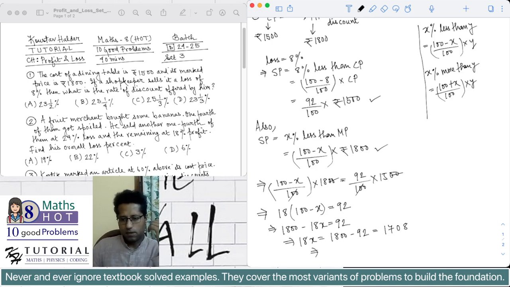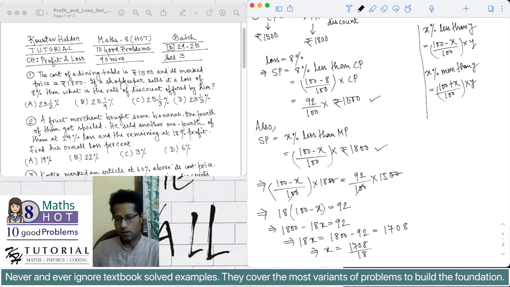This implies x is equal to 1708 divided by 18. Let's see, will it divide by 3?